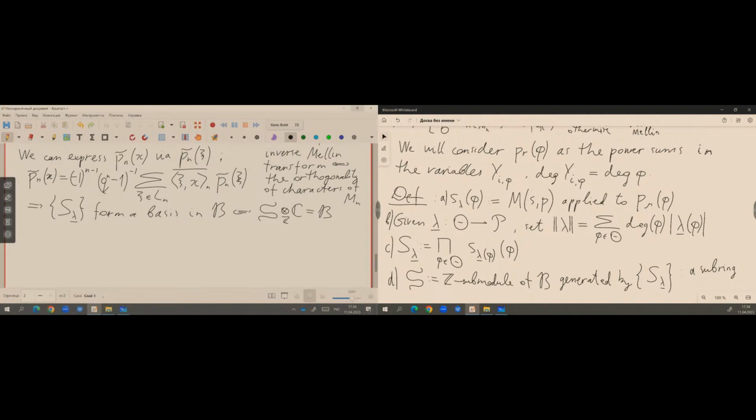Okay, so now the last claim for today is that those Schur multifunctions form an orthonormal basis.